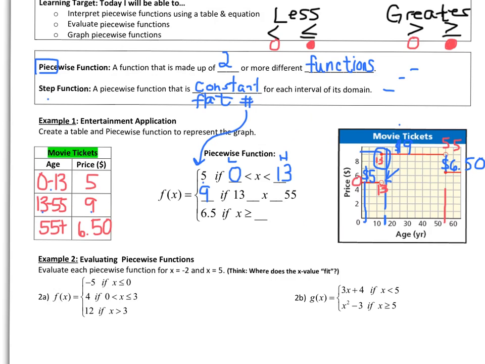That means we're going to use the less than or equal to symbol. And then let's look at the 55. That was an open circle, so we'll put the one without the equal sign. Last, we have it cost $6.50 if you were greater than or equal to 55. And that makes sense because there was the closed circle on that one.